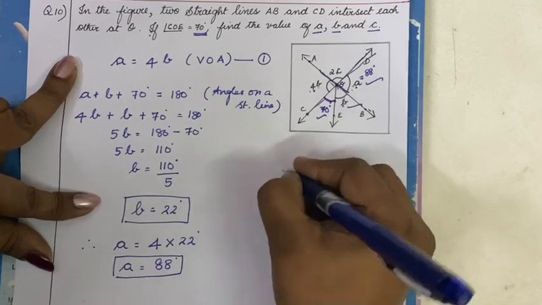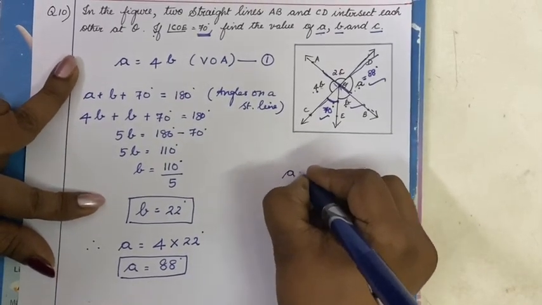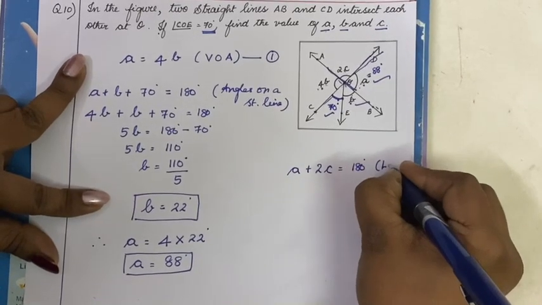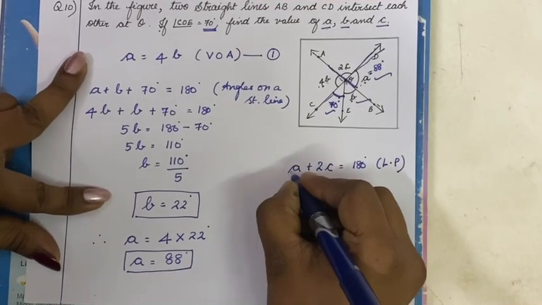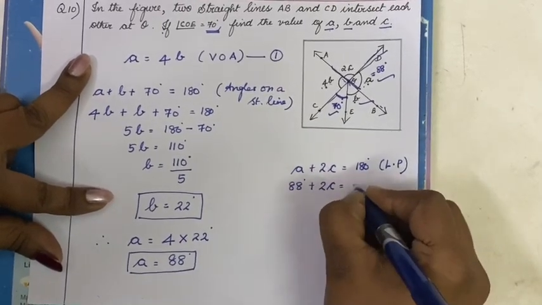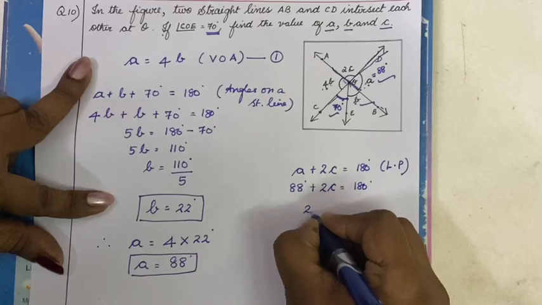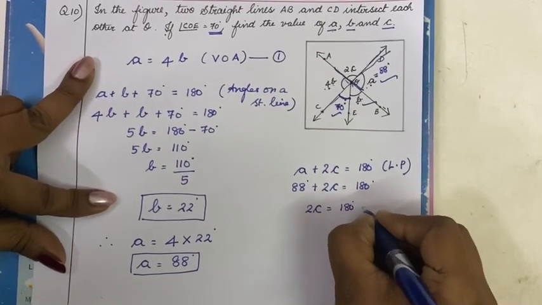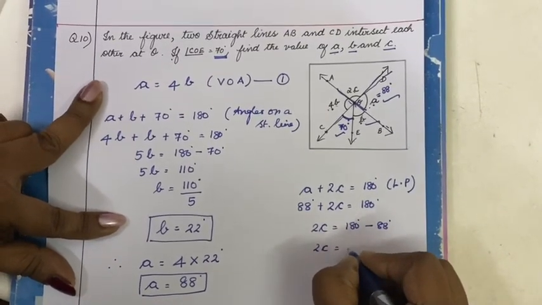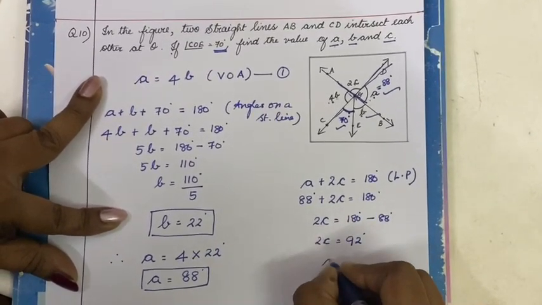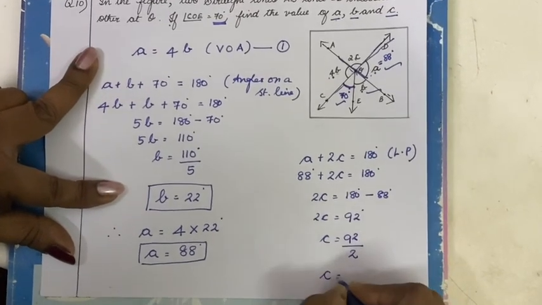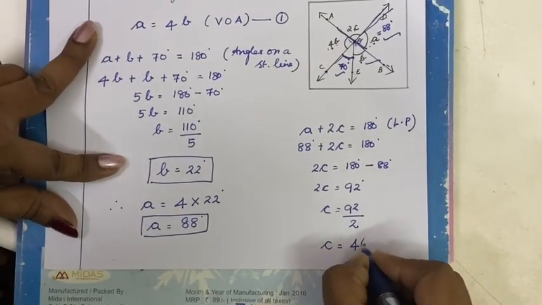So A plus 2C is equal to 180 degrees because it is a linear pair. We got A as 88 degrees, so 88 degrees plus 2C is equal to 180 degrees. Therefore 2C is equal to 180 degrees minus 88 degrees. So 2C is equal to 92 degrees and C is equal to 92 divided by 2. So C is 46 degrees.